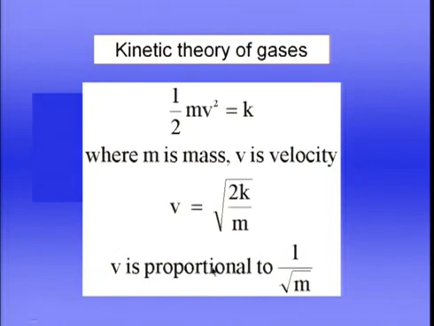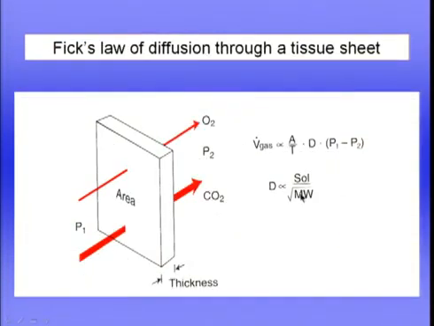And the kinetic energy is given by a half mv squared, here, that's a constant. And if you rearrange that, that means that the velocity is inversely proportional to the square root of the mass, as shown here. So that's the reason why in this equation we see the inverse of molecular weight.